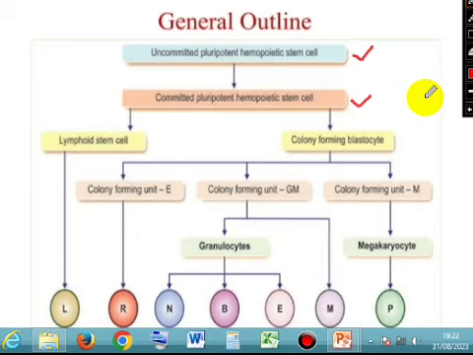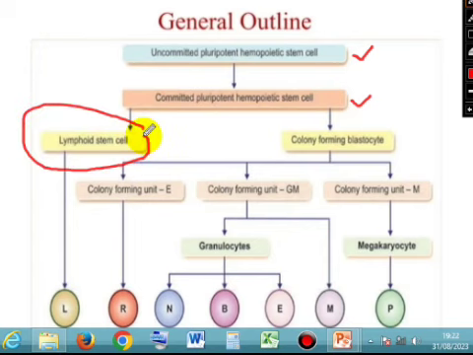Differentiation of uncommitted, or you can call that inactive, pluripotent stem cell to active pluripotent stem cell. Is that taken? All right.